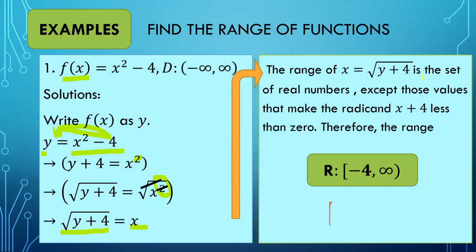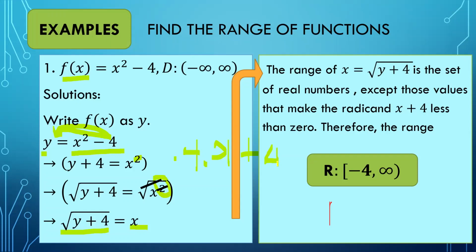Because if y is negative 4.01, then negative 4.01 plus 4 is negative.